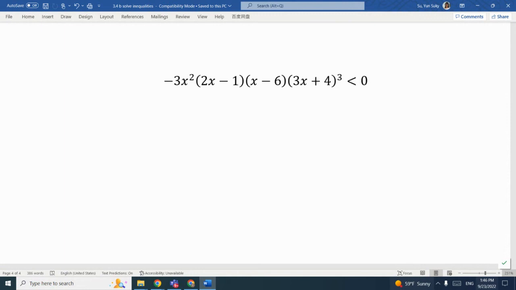Hint. Don't forget the x squared. Okay, this is a factor, so you have x is 0 as the critical number. Don't forget the x is 0. No, don't forget the x.